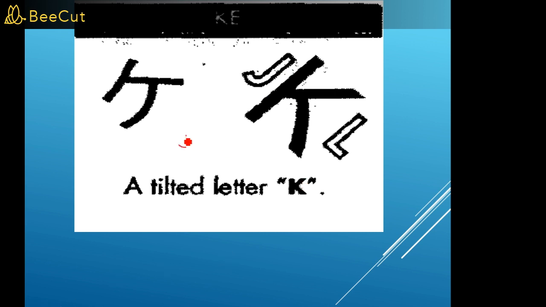If you write J, K and L, if you tilt this K letter like this, it becomes ke. This is the Japanese katakana ke.